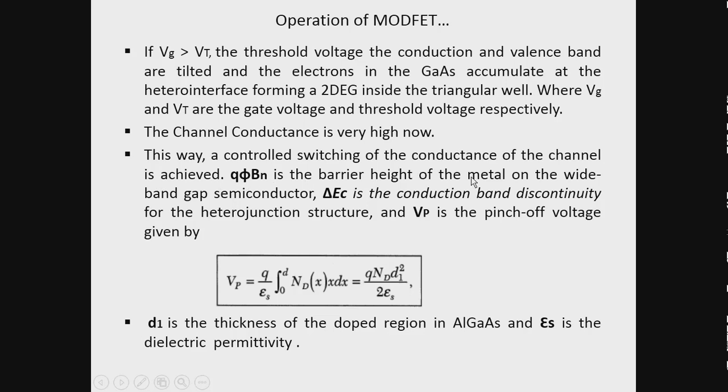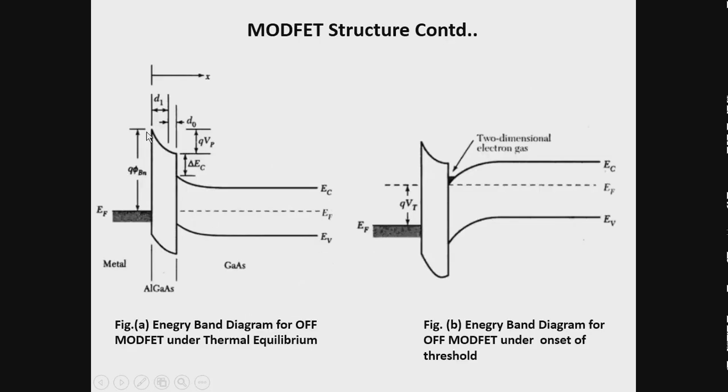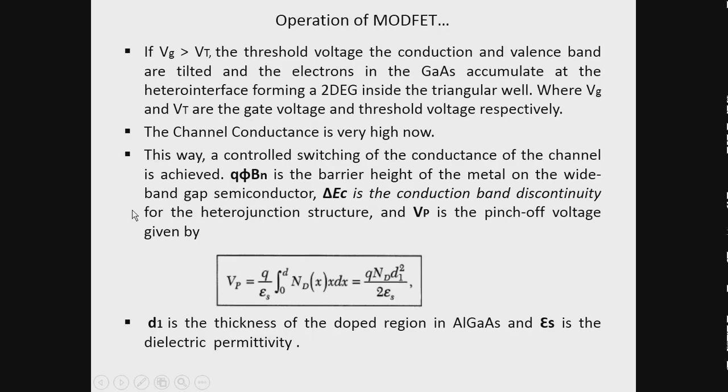qφBn is the barrier height of the metal on the wide band gap semiconductor. That is here. qφBn, this is the barrier for the metal on the aluminum gallium arsenide side. Delta Ec is the conduction band discontinuity for the heterojunction structure, and Vp is the pinch off voltage, which is given by the equation Vp equals q by epsilon s integral of x nd(x) dx.